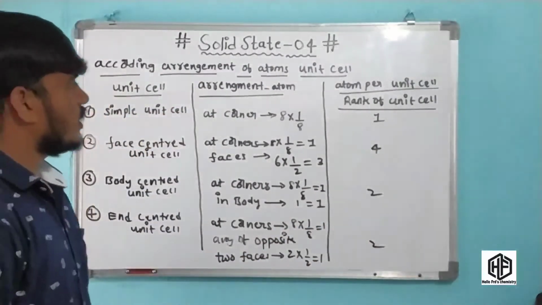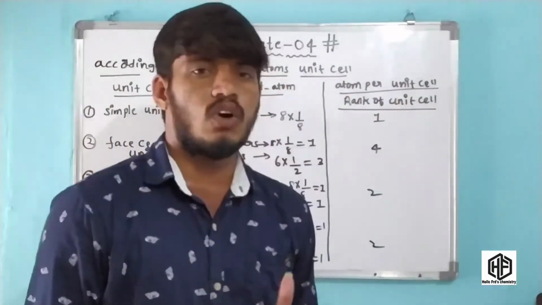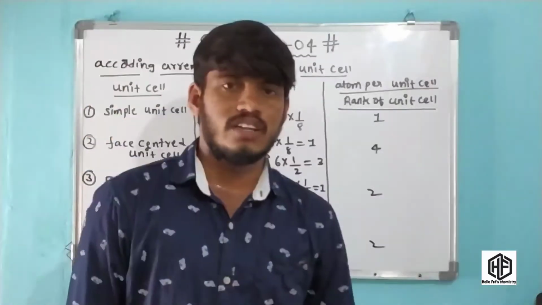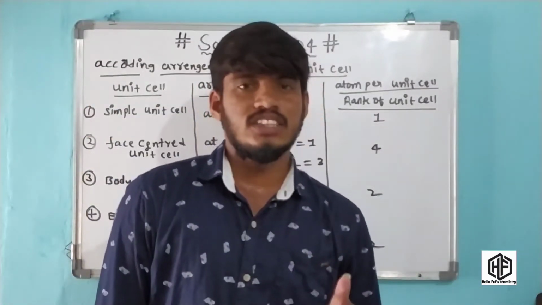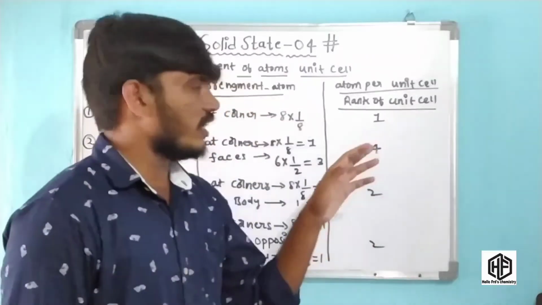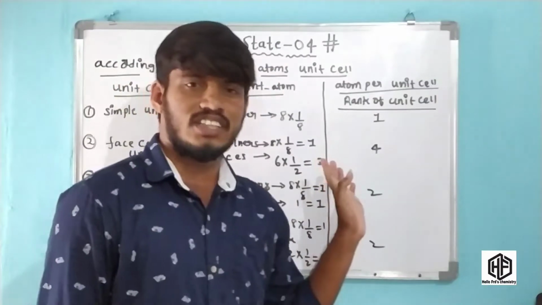Now I am going to discuss one more important unit cell, called the hexagonal unit cell. What is the rank of unit cell for the hexagonal unit cell? This is a very special unit cell. First of all, let me erase this.